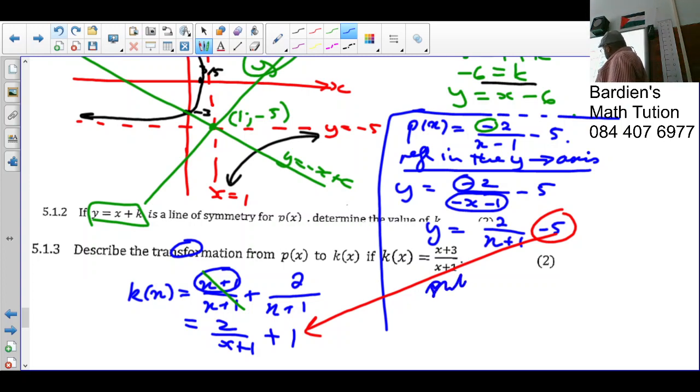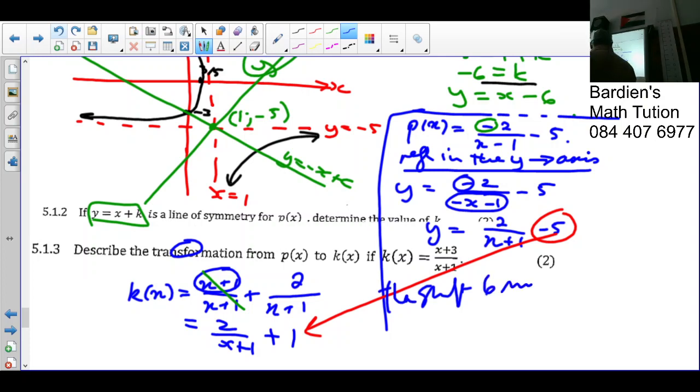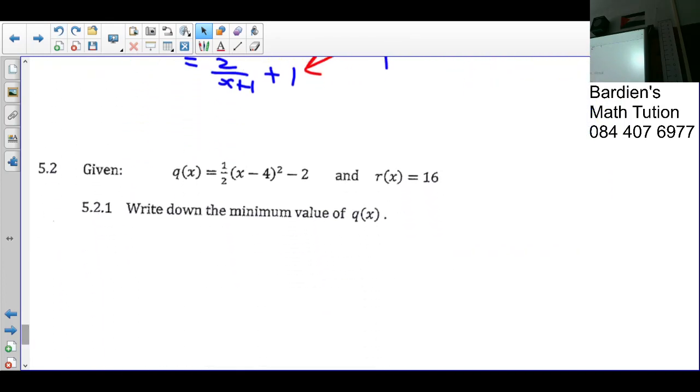So at this point we can say then shift 6 units up. Alright, let's move on with our lives.